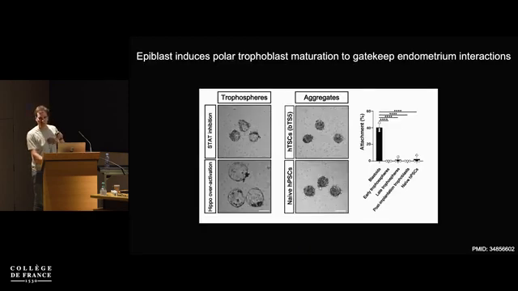And if this is the case, if we manage to get rid of those inner cells, we should see a phenotype. And this is what we did here. We inhibited the STAT pathway or overactivated the Hippo pathway. In both cases, we eliminate the cells in the center and we form trophospheres. Those trophospheres are incapable of interacting with hormonally stimulated endometrial cells. So it fits with the idea that those epiblast cells are instructing locally the cells to mature and become sticky.